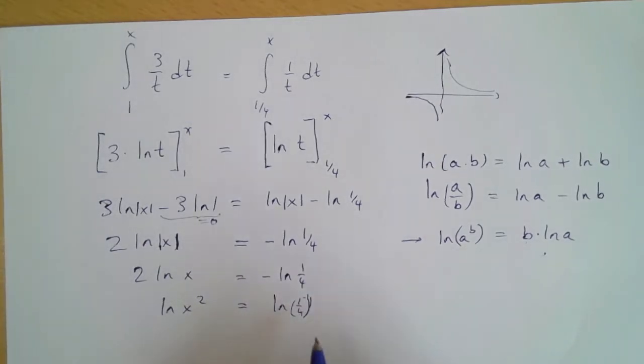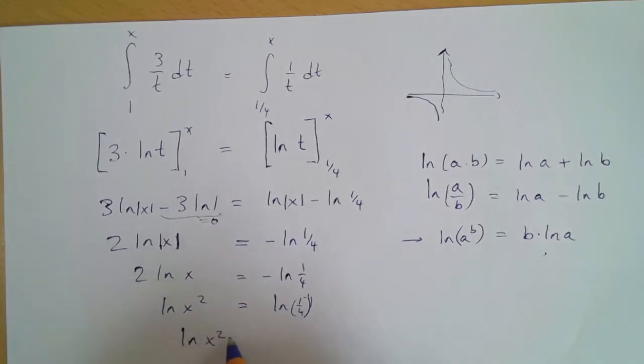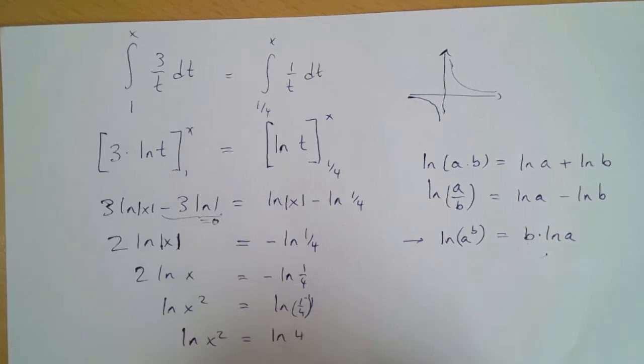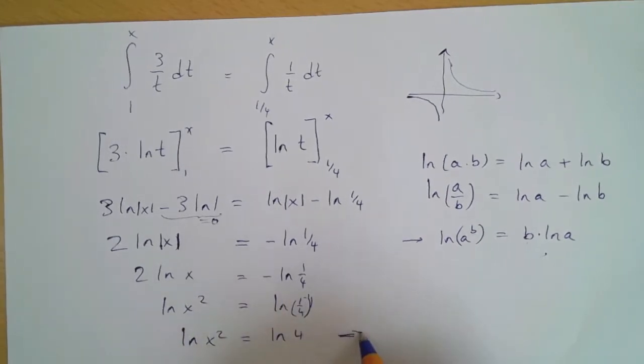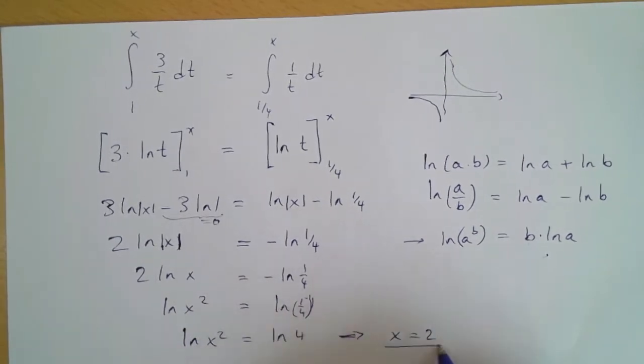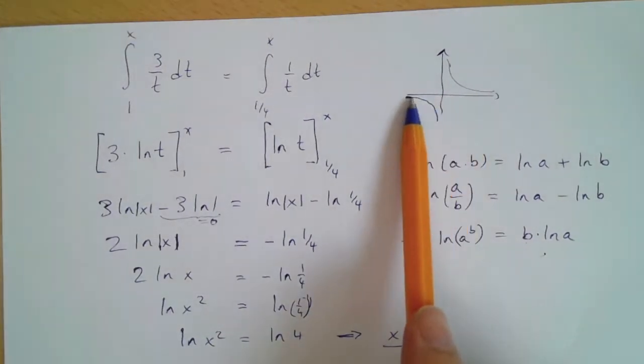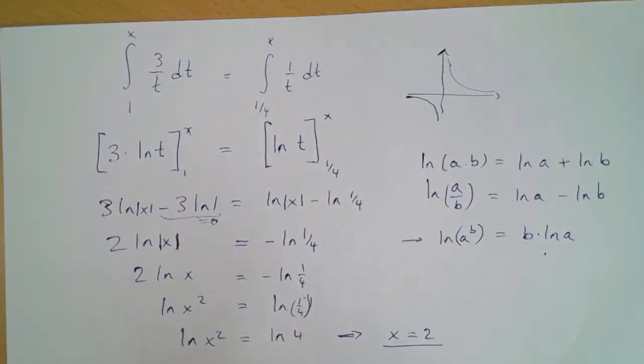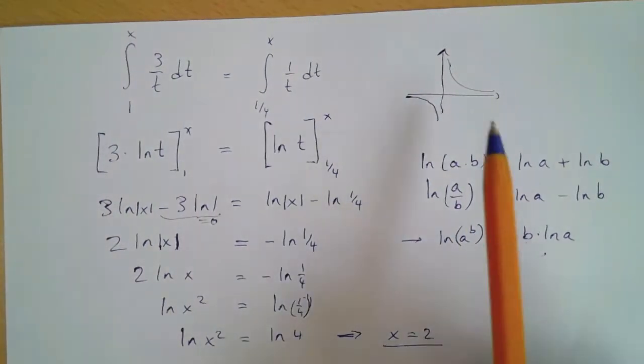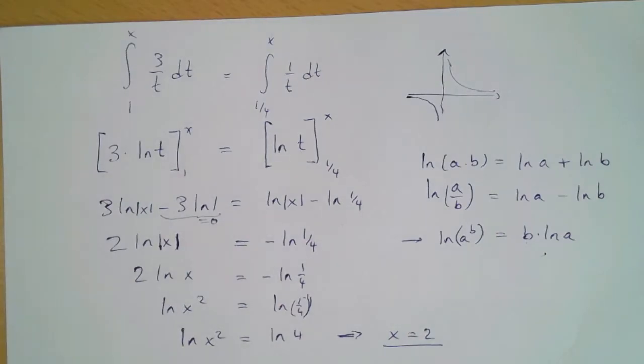What is 1/4 to the power of negative 1? It's 4. So ln of x squared equals ln of 4. X squared equals 4, and therefore x equals 2. Again, we won't have x values that are negative because we would be integrating across a discontinuity that is beyond AP Calc AB.